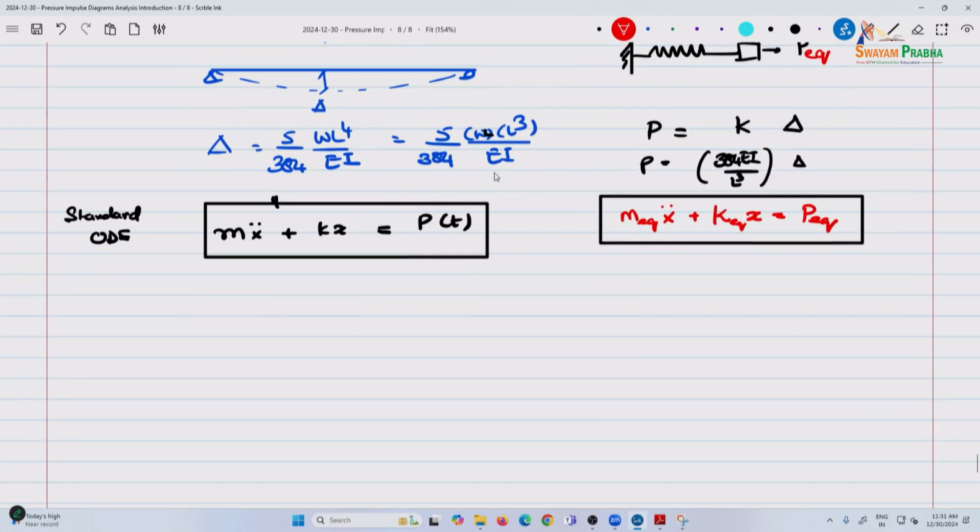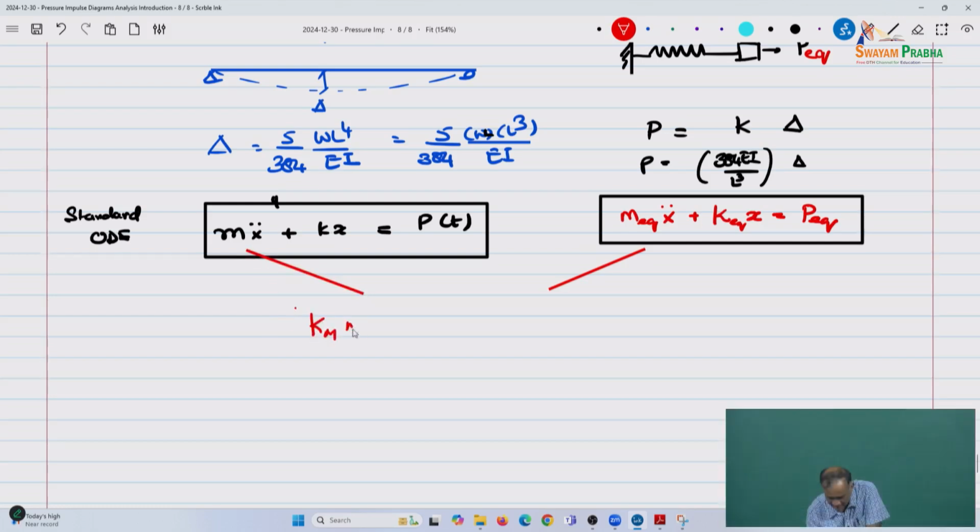Now, these equivalencies: let us say the equivalent system is Km multiplied by m x double dot plus your stiffness equivalence Kk multiplied by x is equal to the load equivalent KL multiplied by P.